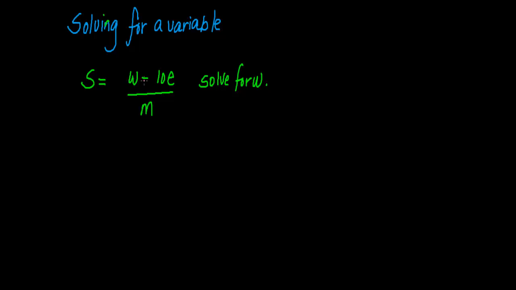Now notice W minus 10e, this whole expression in the numerator, the whole thing is divided by m, okay? So when we look at what's going on, W is inside an expression which the whole thing is divided by m.